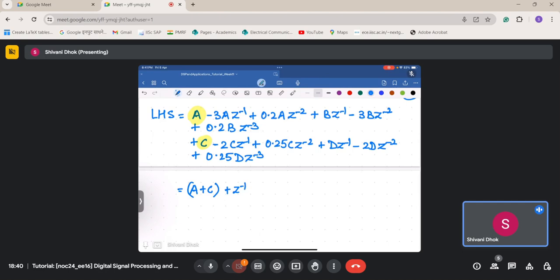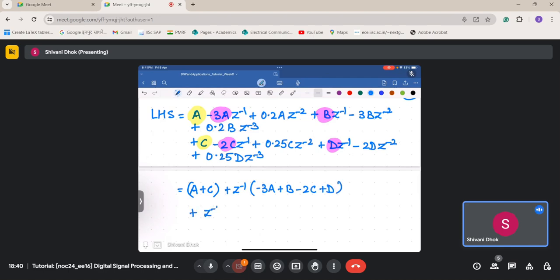The coefficients corresponding to that are minus 3a, b, minus 2c, and d. So this is minus 3a plus b minus 2c plus d.